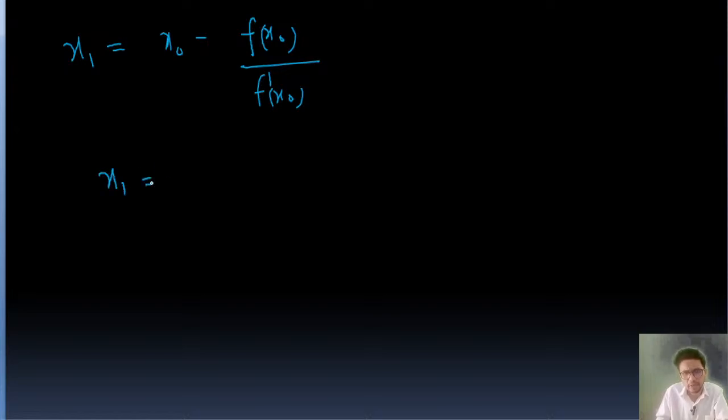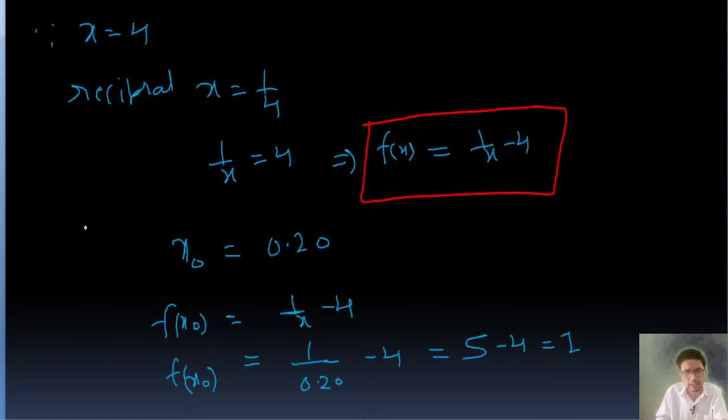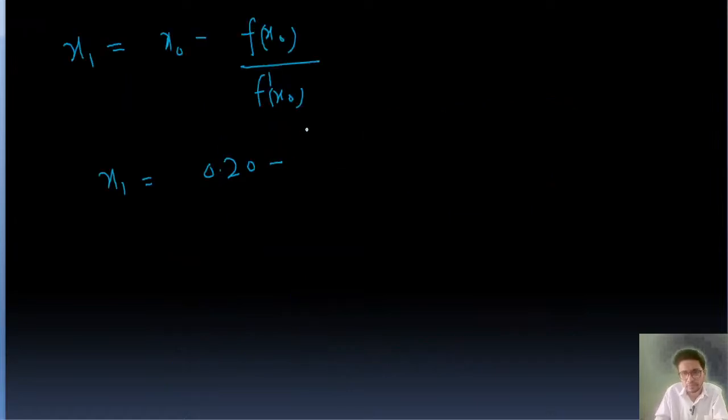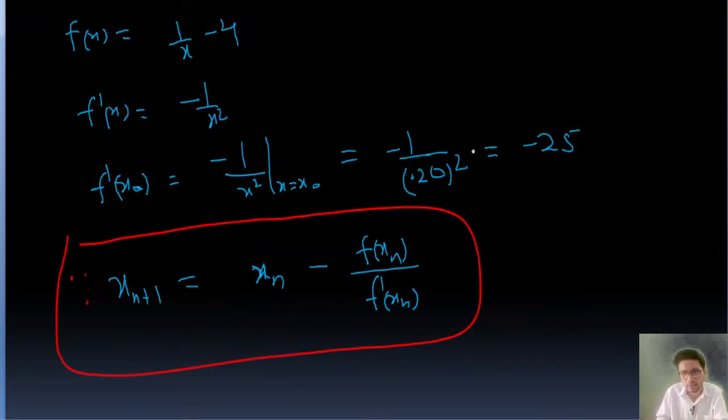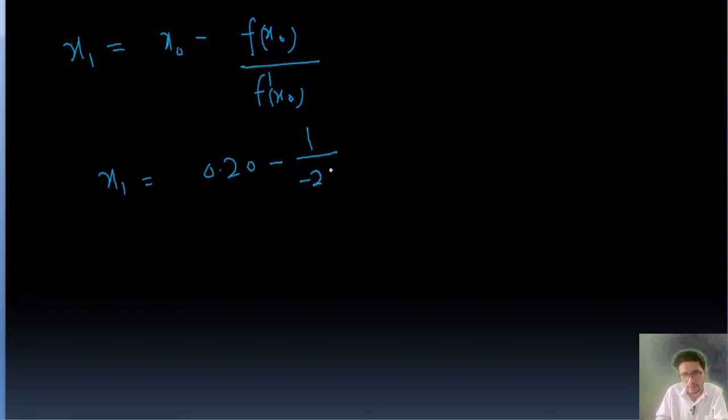So x1 value is going to be x0 value, this is 0.20, minus f x0 value we have found here, 1, upon f dash x value, minus 25. So x1, that's the first iteration value, we'll solve it.